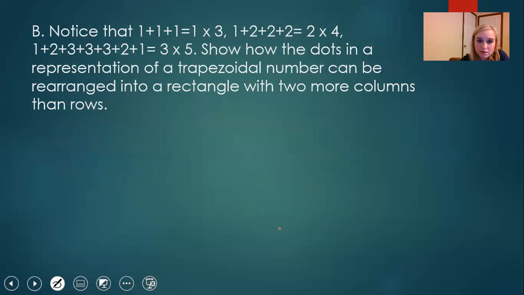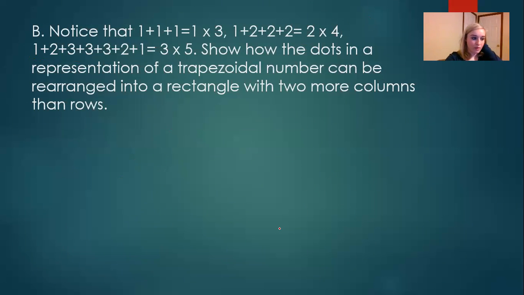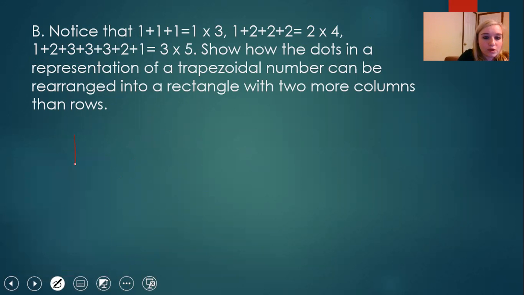And so what we're going to do next is, oh yeah, okay, now it says show how the dots in the representation of a trapezoid number can be rearranged into a rectangle. So all we have to do now for the rectangle is we show 1 times 1, and 2, 3.